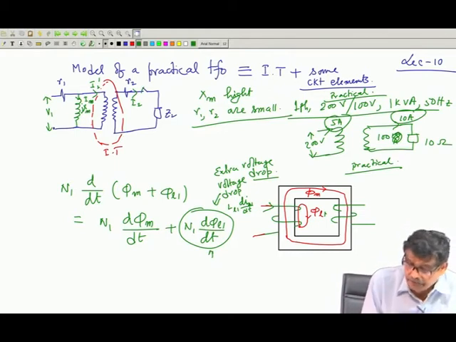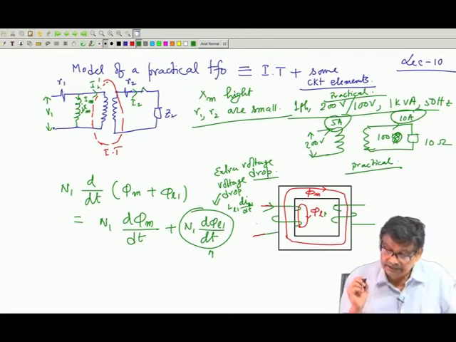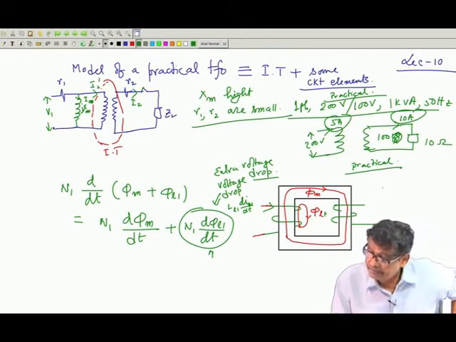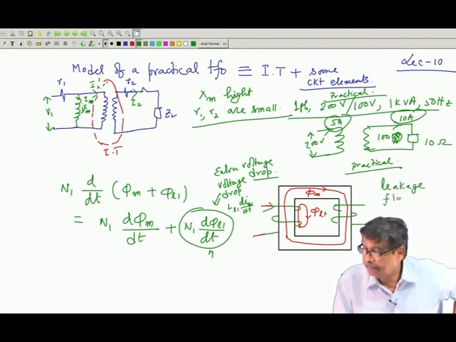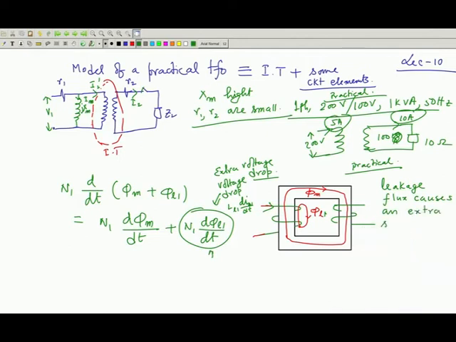Let me first draw. So, the leakage flux, you write it: leakage flux causes an extra small voltage drop in the coil, in the practical coil.